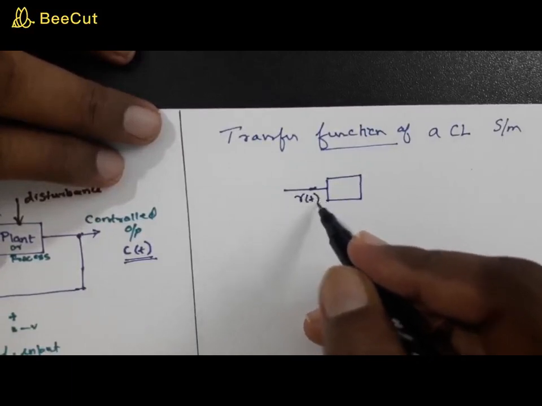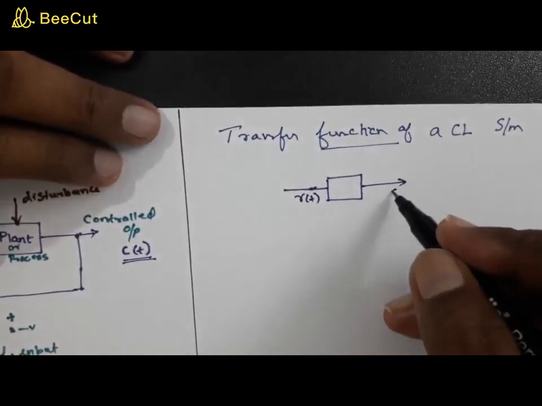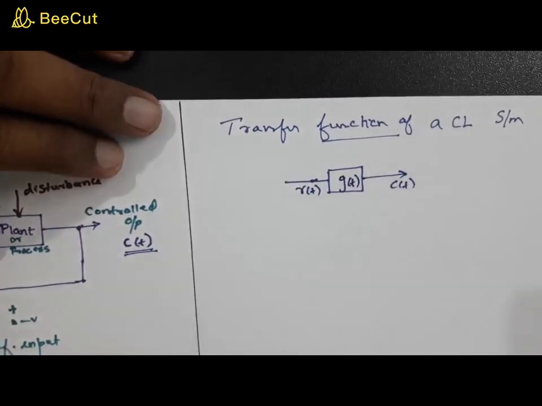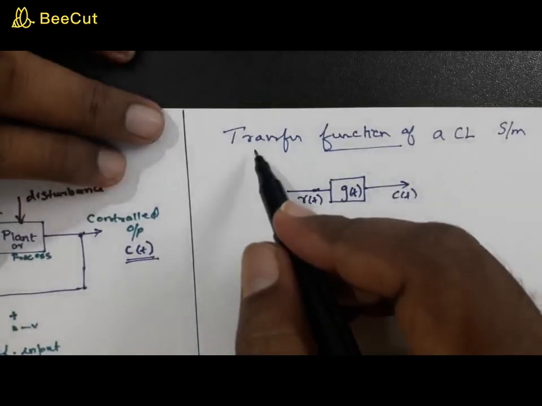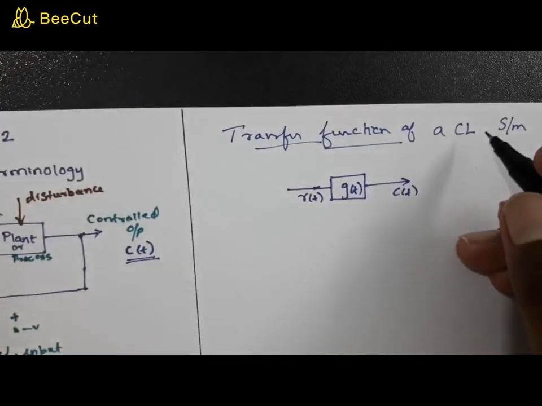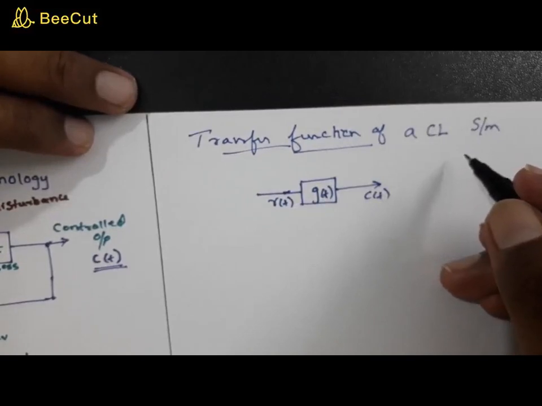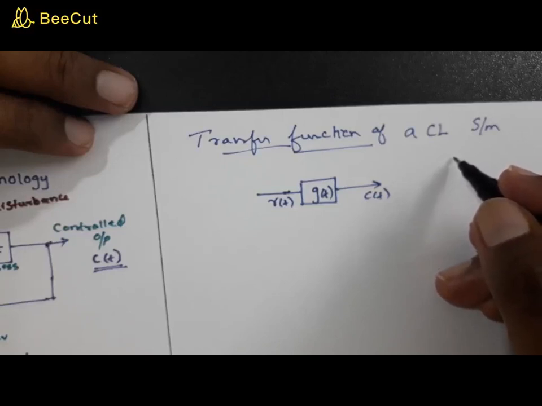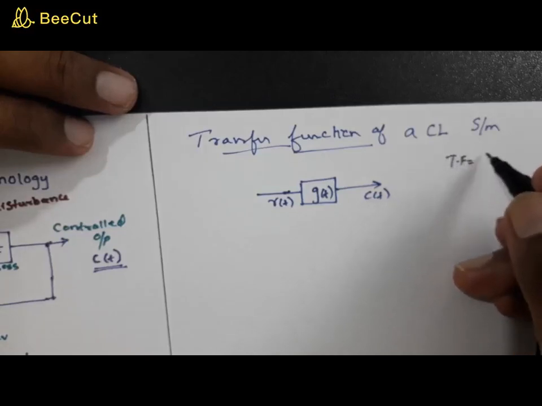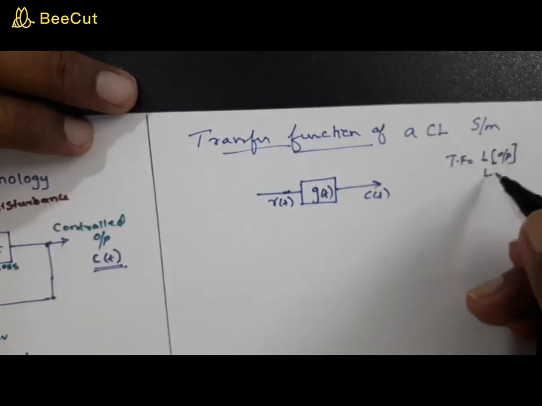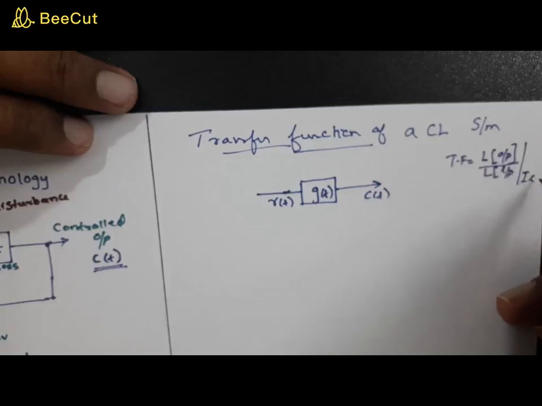This is your R of t, as I mentioned earlier, and this is C of t, and I'm calling this G of t. Now in order to find the transfer function, what is a transfer function again? As you have studied in signals and systems, the transfer function is the Laplace transform of the output to the Laplace transform of the input, provided the initial condition is 0.